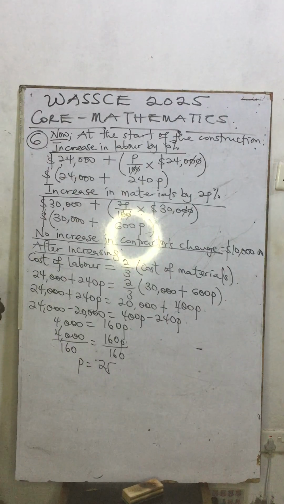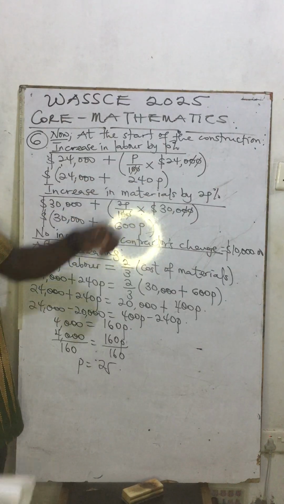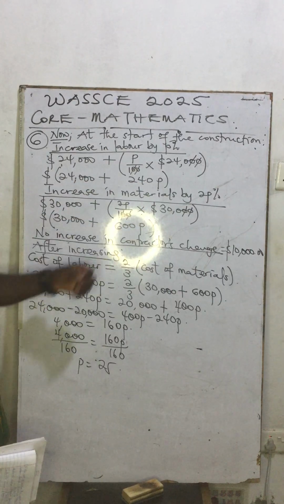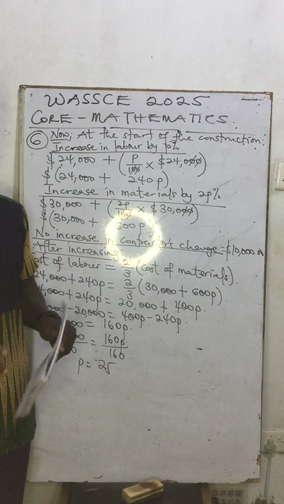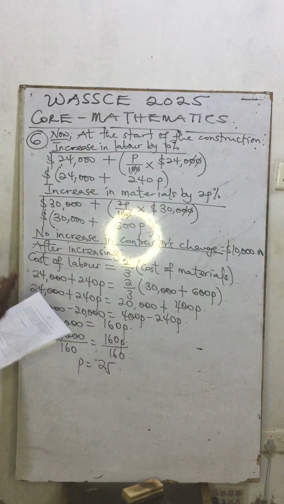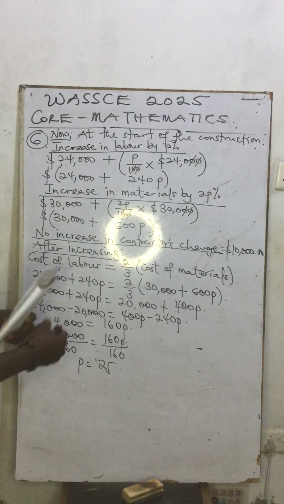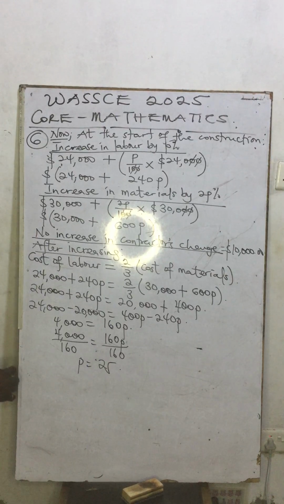After the increase, it's 24,000 plus 240p and 30,000 plus 600p for labor and materials respectively.